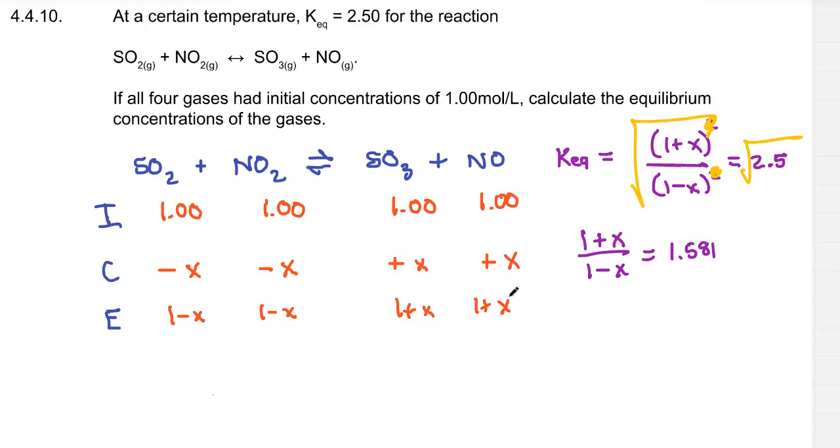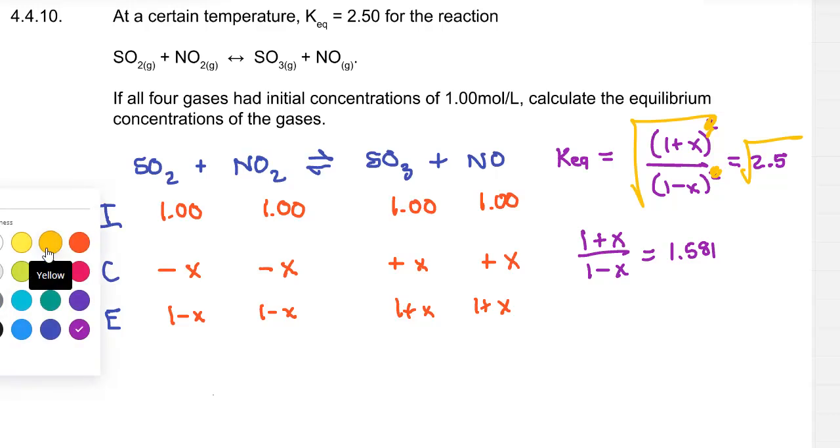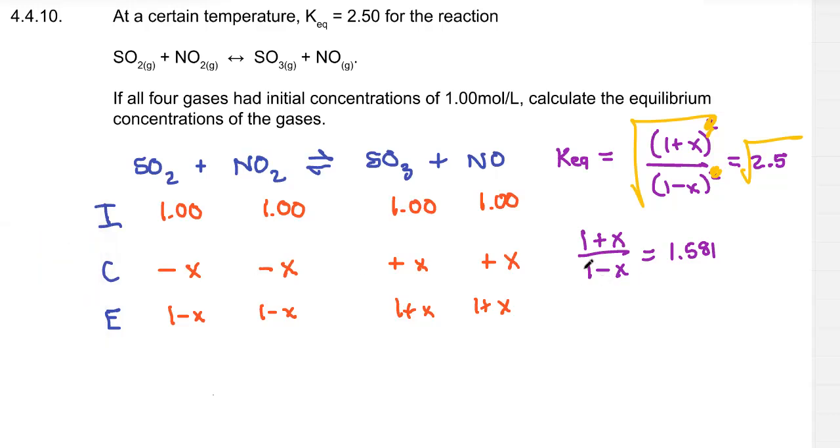Okay, now what? We don't want this x in the denominator, so multiply both sides by the denominator. Why? Because these cancel, so the denominator is cleared now. And on the right side, we get 1.581 times 1 and times minus x.